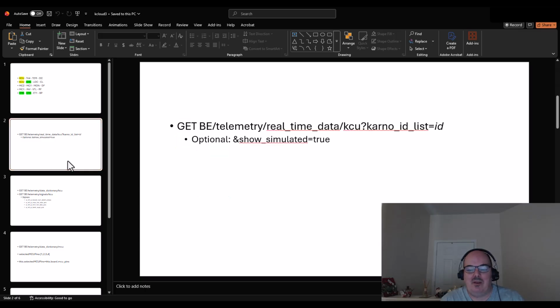But there's a call that the front end makes to the back end, and it's telemetry, real-time data slash KCU, and it gives it a list of Carno IDs. And what I'm thinking is that on this Carno generator, there's a bunch of controllers in it.